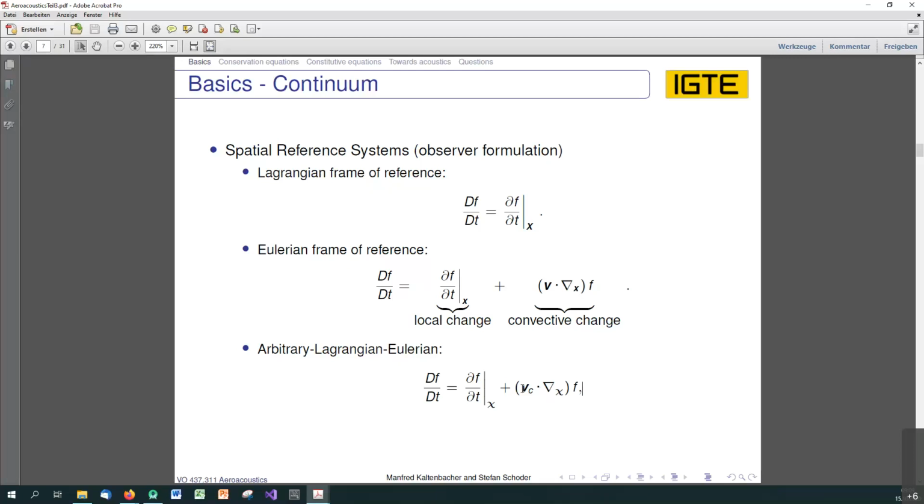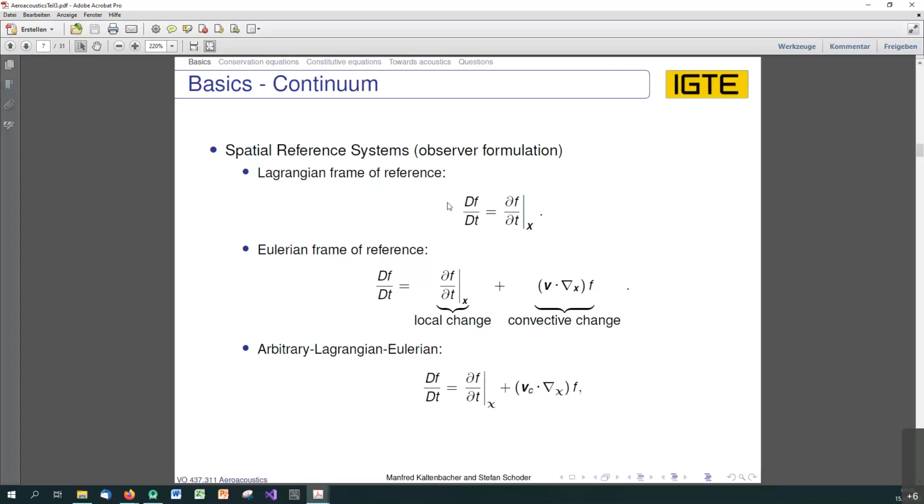Yes. If this difference is zero, then we come to the Lagrangian frame more or less, because then we have the same velocity. And if we are staying at one fixed position, so the observer has no velocity, then we get to the Eulerian frame more or less.